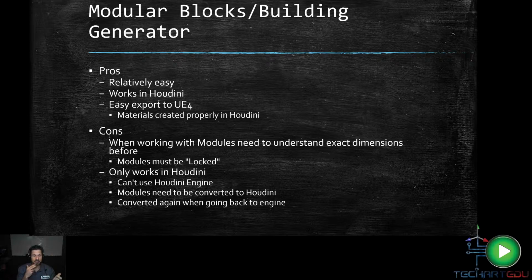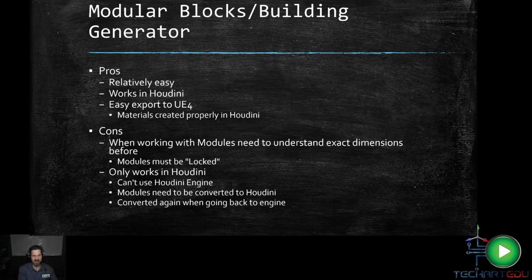And so that means you need to get whatever modules you downloaded from the asset store. You need to convert the geometries over to Houdini, which is not really such a bad thing because usually it reads in FBX or even OBJ really easily. But you need to manipulate and convert the materials over so you can see what it's going to look like.